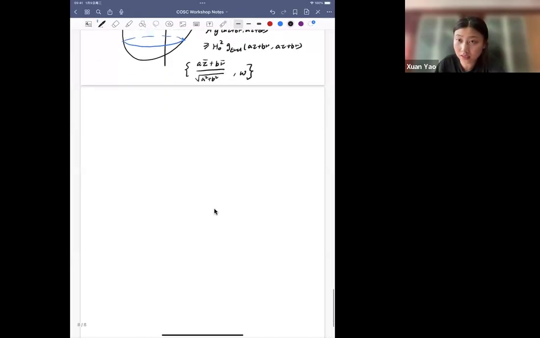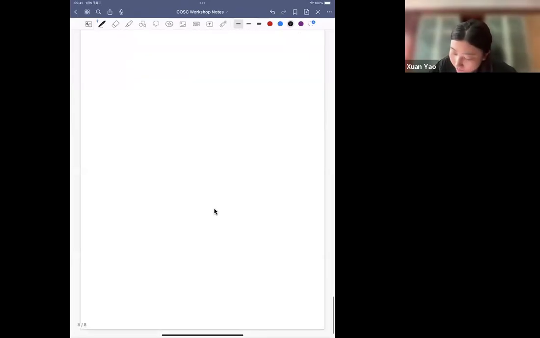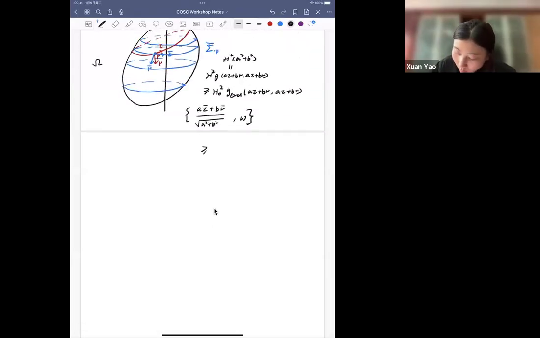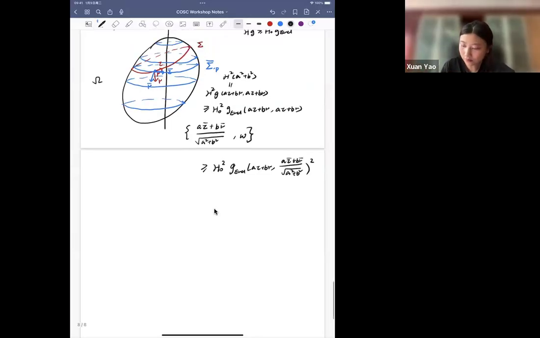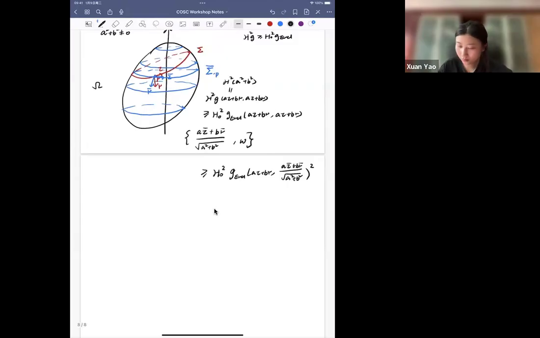So this is the norm of a tau plus b nu, greater or equal than the projection to the a tau bar plus b nu bar direction. So this is greater or equal than h naught G Euclidean of a tau plus b nu and a tau bar plus b nu bar over square root of a squared plus b squared, squared. And the proof is done.